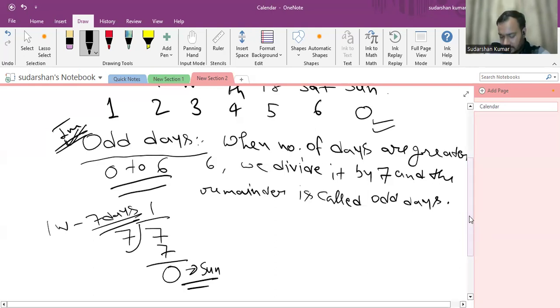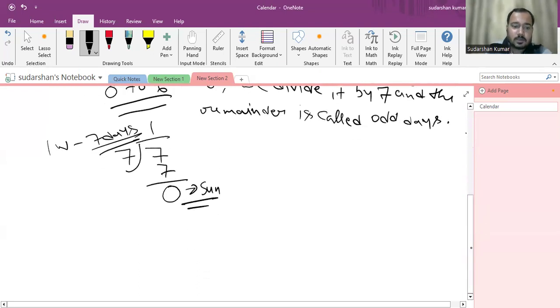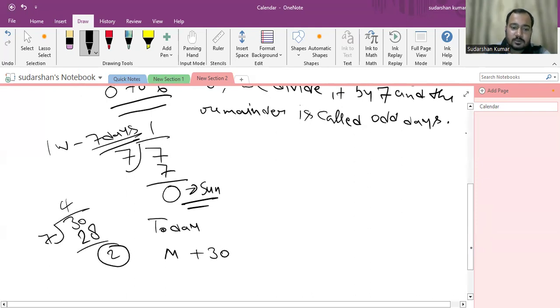As an example, we can understand that if today is Monday, what will be the day after 30 days? In 30 days, we have to find odd days. How do we get odd days? Divide 30 by 7. 7 4s are 28. We get remainder 2.